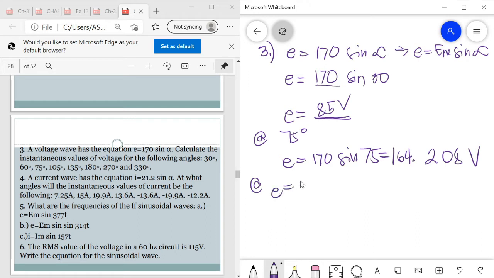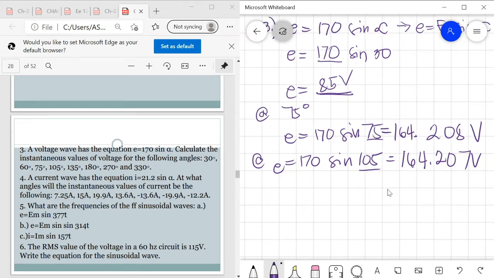So, E is equal to 170 sine 105. That is 164.207 volts. So, as you can see here, they are the same, 75 and 105.